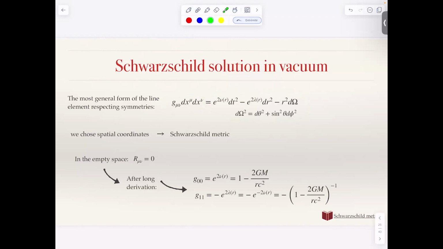I think you have all had lectures on that. You have a term which tells you about the time in your frame, and you remember that in special relativity, time is a function of your speed, or of the differential speed between two frames. And you have the space coordinates.